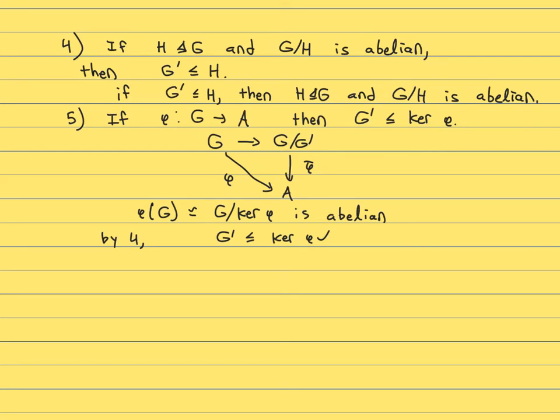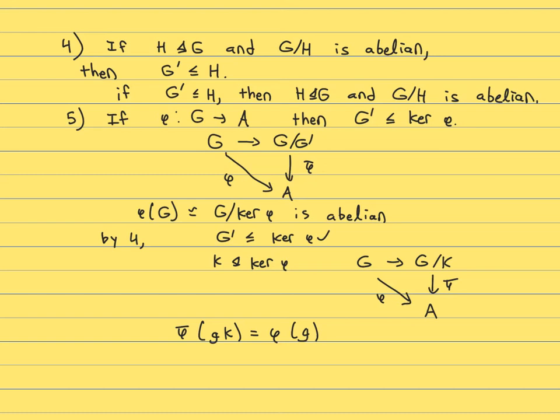The other part has to do with the fact that in general this statement is true. Whenever you have a normal subgroup of the kernel, you can construct this homomorphism. That has nothing to do with abelian groups. How do you do that? Well, you just have to prove well-definedness.